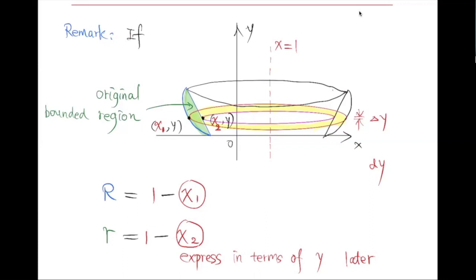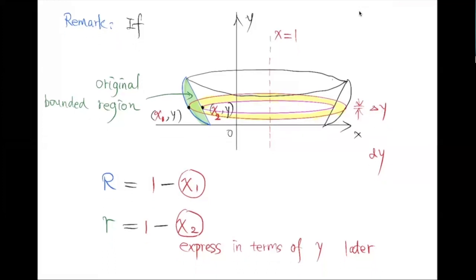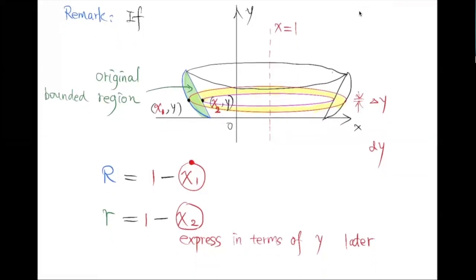The center has x coordinate 1, and this point has x coordinate x1. So we use the x coordinate of the center, subtract the x coordinate over here. That will be 1 subtracting x1. That's big R. The small r is 1 subtracting the x coordinate of this point, which is x2. And the thickness of this washer is delta y. Later, we're going to express x1 and x2 in terms of y.